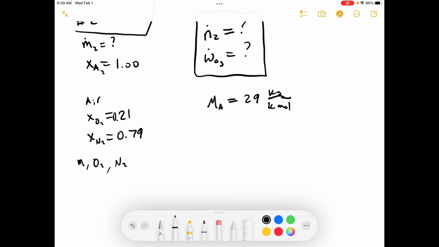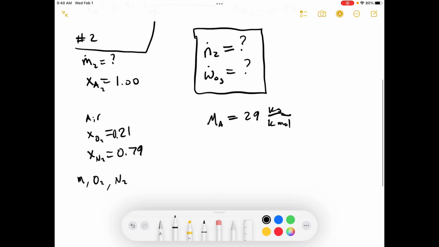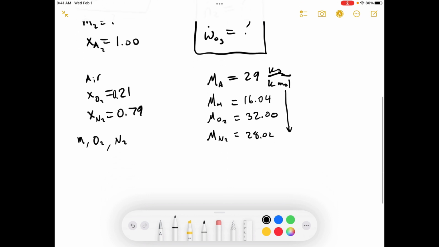And so we'll also need to be converting between moles and mass of all of these ingredients. So let's go ahead and look up these ingredients: molar mass of methane, molar mass of oxygen, molar mass of nitrogen. And the units are all the same. Okay, so we've got all the molar masses.